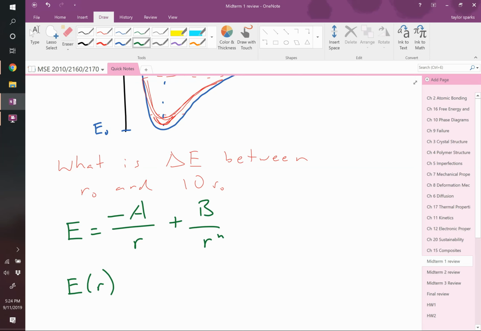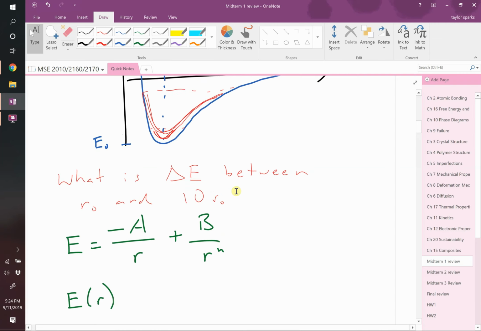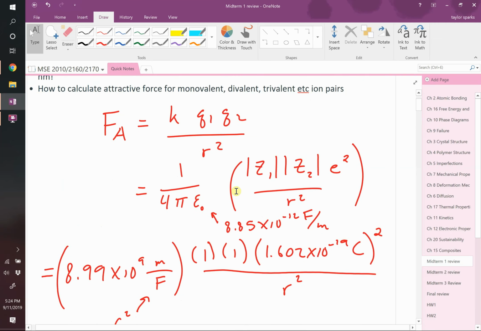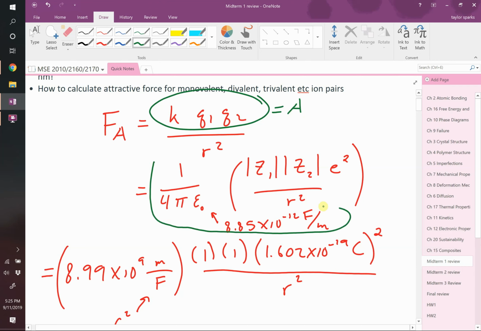So is that the negative A and B the coefficients of the ions from the Coulomb energy problem? Is that the Z or whatever? A and B? Yeah. All of this stuff right here, except for the R squared, equals A. That's the constant A, which sometimes we give to you on a problem.